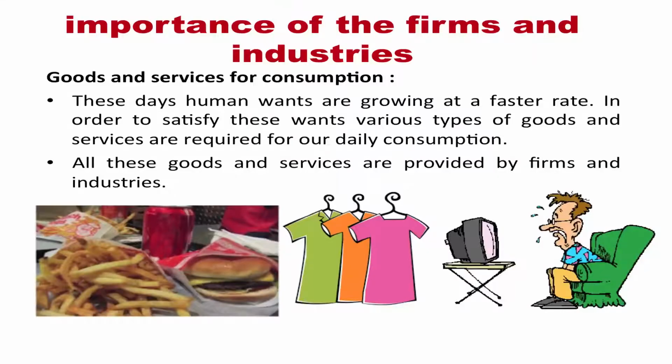First and foremost, they produce goods and services for consumption. These days, human wants are growing at a fast rate. In order to satisfy these wants, various types of goods and services are required for our daily consumption. All these goods and services are provided by firms and industries.